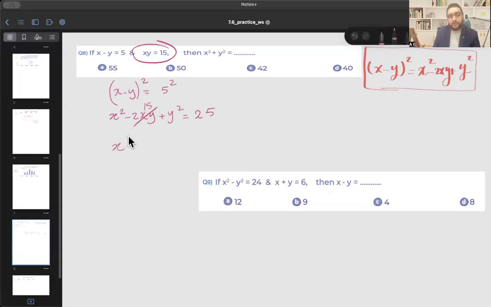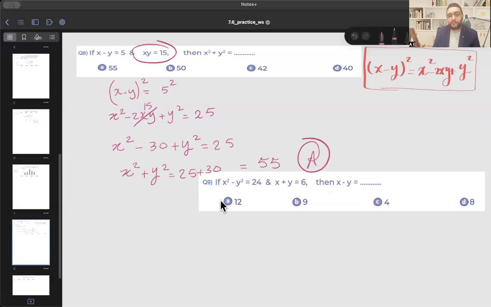So this is x squared minus 2 times 15, which equals 30, plus y squared, equals 25. Now it's easy to find x squared plus y squared. You just add 30 to both sides, or move negative 30 to the other side with the opposite sign. So we have x squared plus y squared equals 25 plus 30. So the answer is 55, which is A.